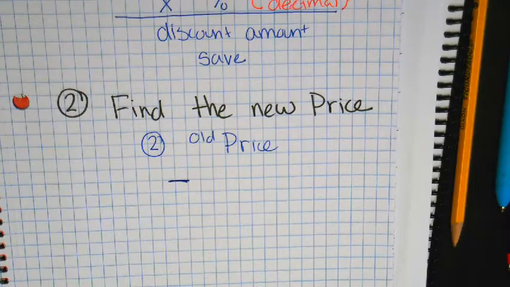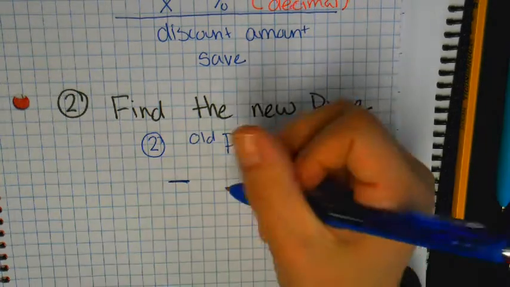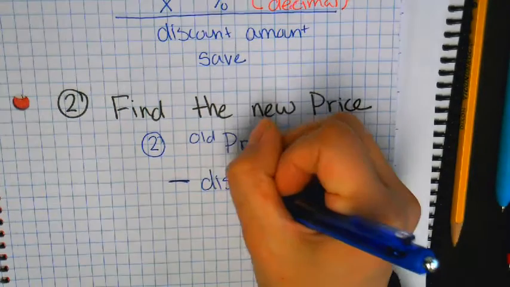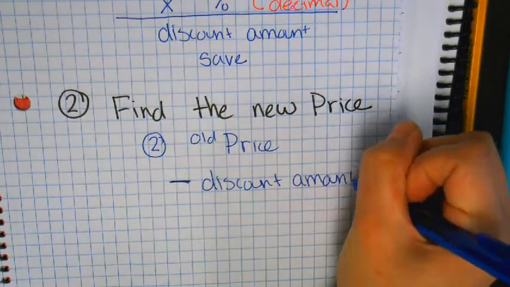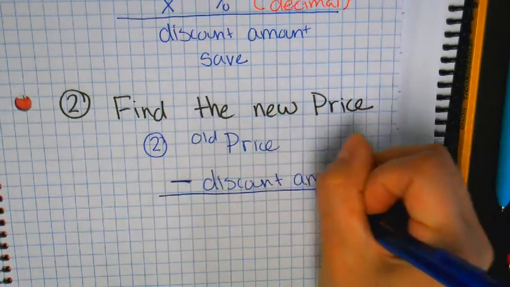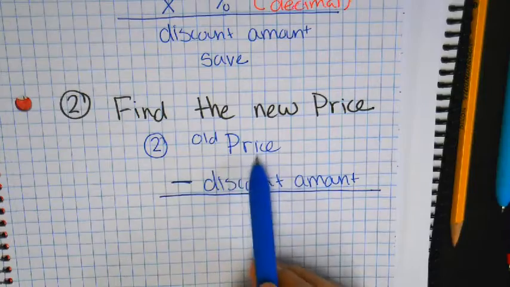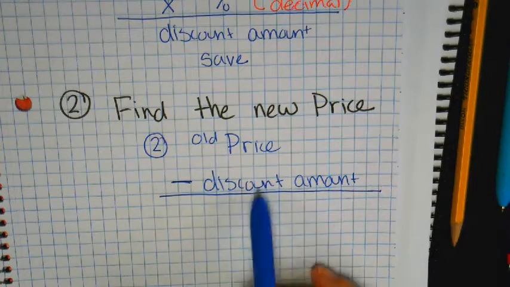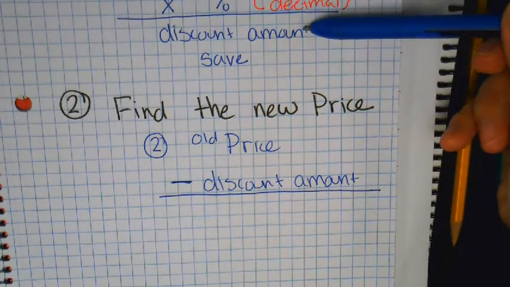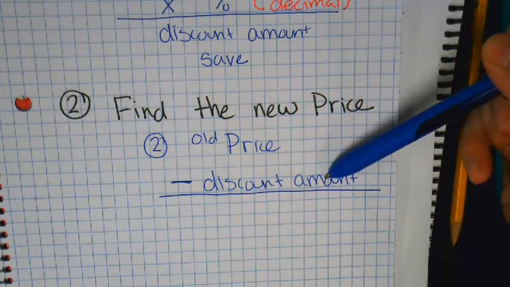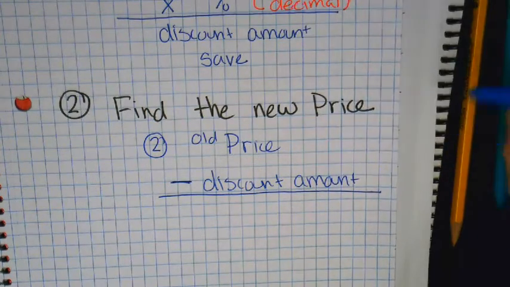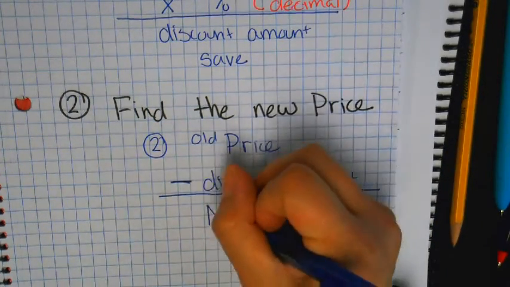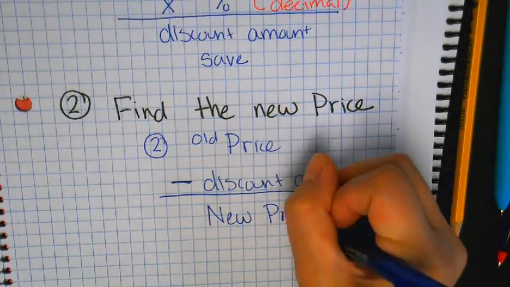So to pay less, we need to subtract the discount amount. So you take your old price and you subtract your discount amount. The answer to your first step, you're just going to put down here, and this will give you your new price.